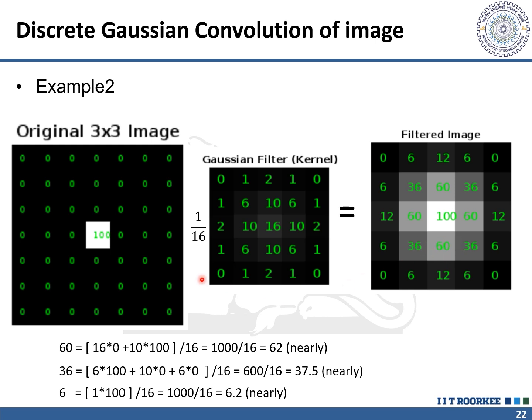Similarly, 6 can be found by placing this center here. By placing this center here, we can get 6 here. Also we can get 6 by placing this Gaussian filter center here, and add 1 to this point. How am I doing this?